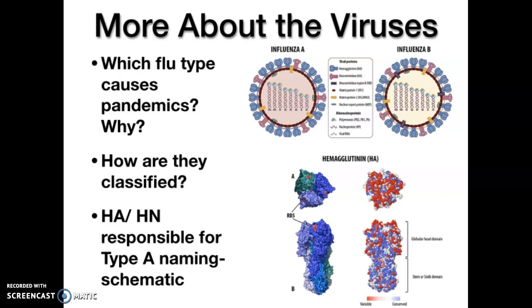There are 18 HA subtypes and 11 NA subtypes, respectively. This is how they get their naming scheme. So when you hear H1N1, that's denoting their hemagglutinin type and their neuraminidase type. And that's how they come up with type A flu nomenclature.